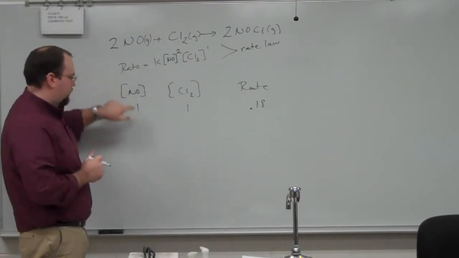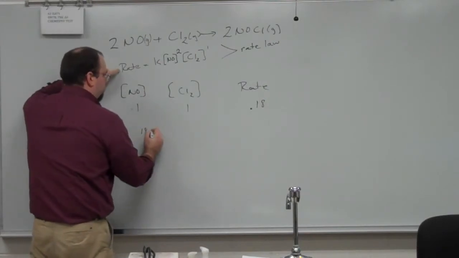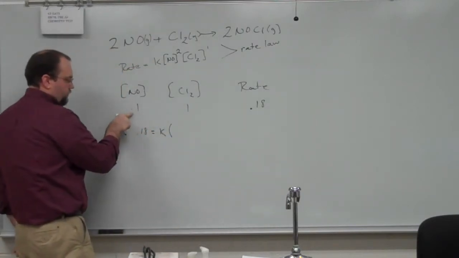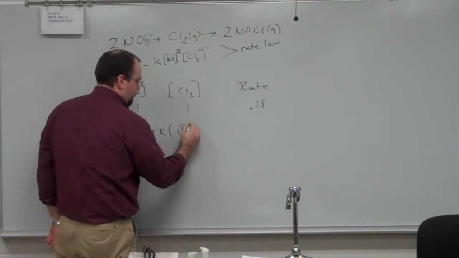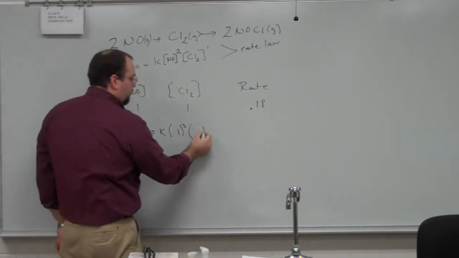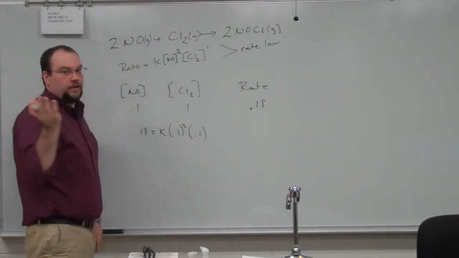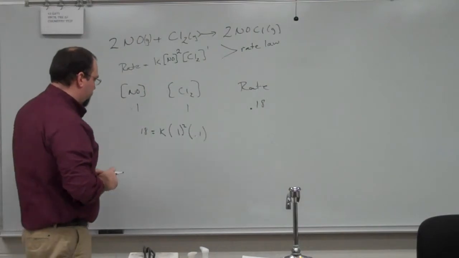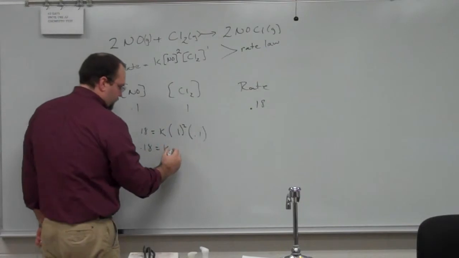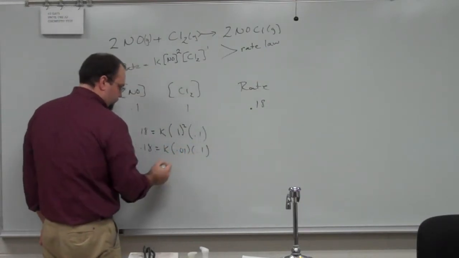So, here's my equation, and here's my data. The rate is 0.18, which equals K times the concentration of NO, which is 0.1, squared, times the concentration of Cl2, which is also 0.1, raised to the 1 power. And when we raise things to the 1 power, it just is what it is. So I'm going to do a little bit of math here. 0.18 equals K times 0.01 times 0.1.